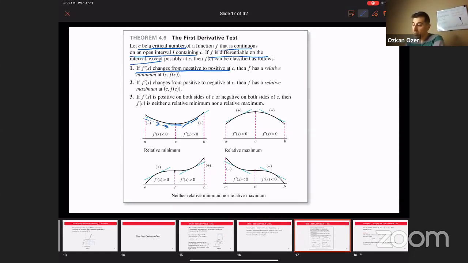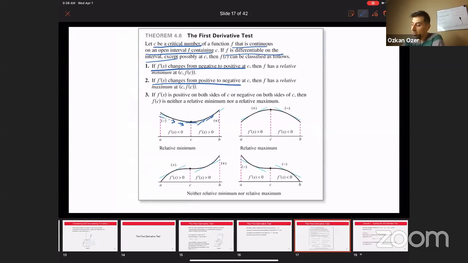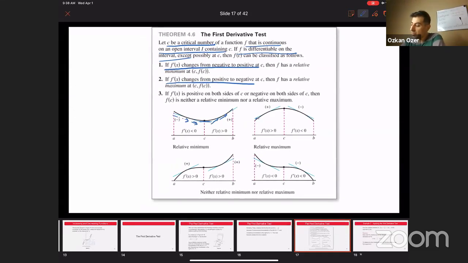And if f prime changes from positive to negative, here is a representative example. You keep increasing and increasing, and you hit the critical point c, and then you start decreasing because the sign of f prime becomes negative across c. So that means you should have a relative max.